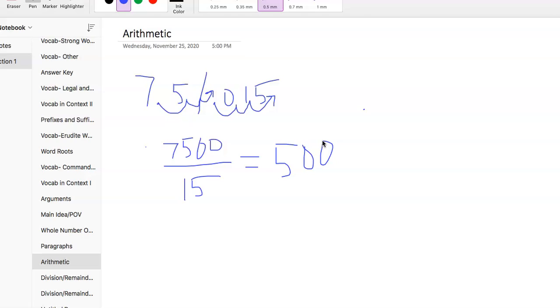But as far as understanding that concept is whatever we do to the denominator, the bottom part of the fraction, we do to the numerator, right? That's true throughout all of math. And here I needed to go 3 spaces in the denominator to get rid of that decimal. I do the same thing up here in the numerator. When I run out of space, there's no numbers left, then I just add zeros. And that's all there is to it.